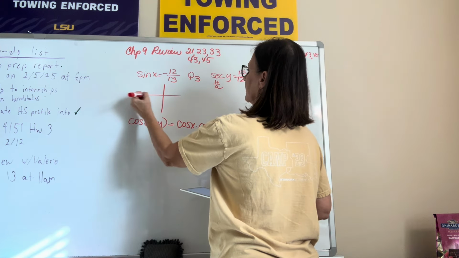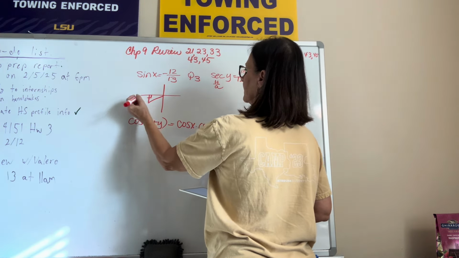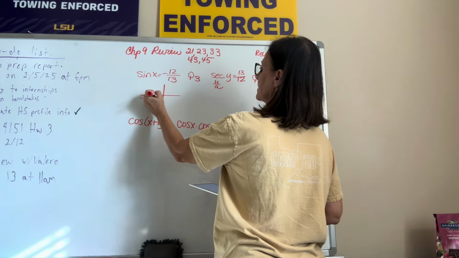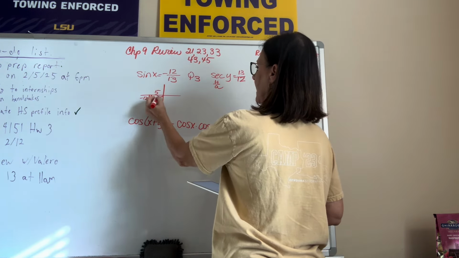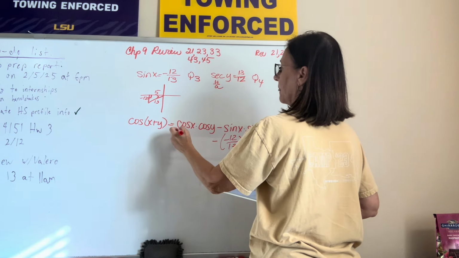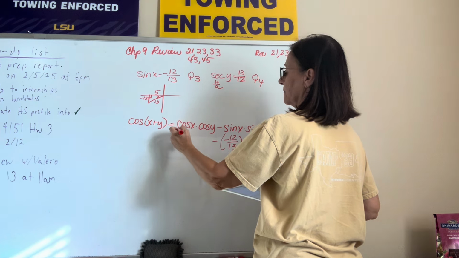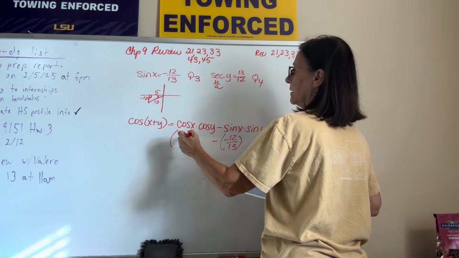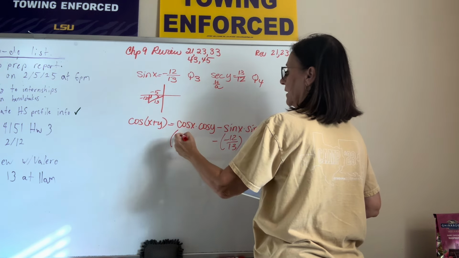Let's draw this one. So it's negative 12/13, so it's 5. This is x. So we need cosine of x, which is going to be negative because it's in quadrant 3. That's a negative 5/13.